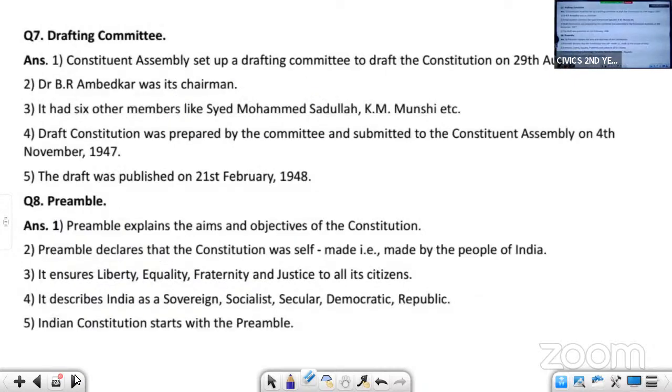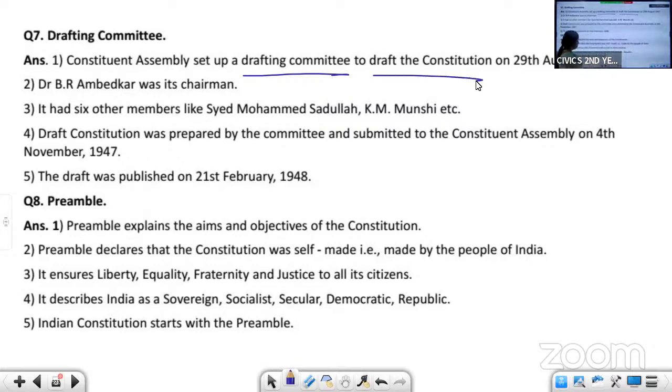Next is Drafting Committee. Just now I told you the Constituent Assembly was divided into various committees. One such committee was the Drafting Committee. What was its responsibility? It was the responsibility of the Drafting Committee to draft the Constitution.